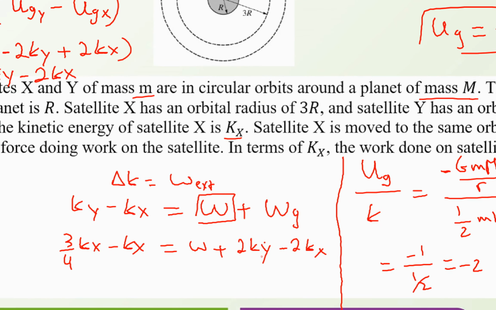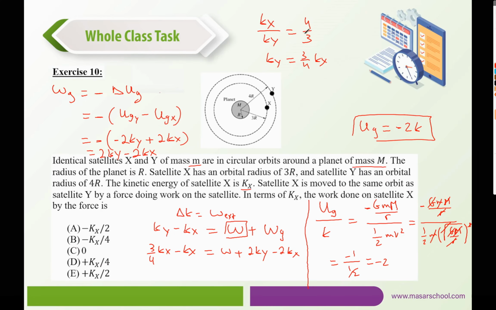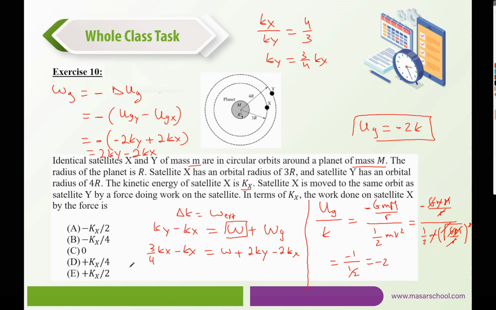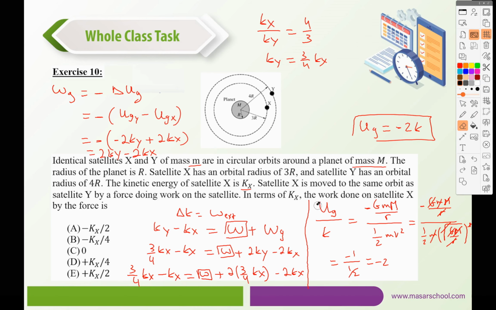Now it's left just to convert this to be Kx, and that would be by 3 over 4. So 3 over 4 Kx minus Kx equals the work that we're interested in calculating, plus the double of 3 over 4 Kx minus the double of Kx, and let me make some space here.